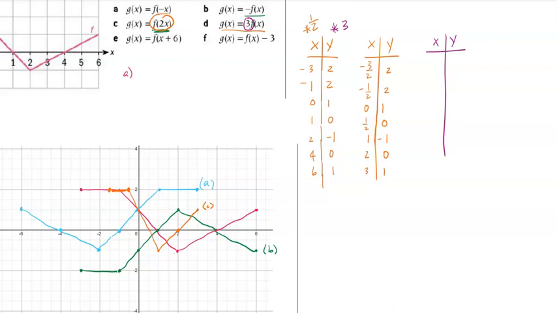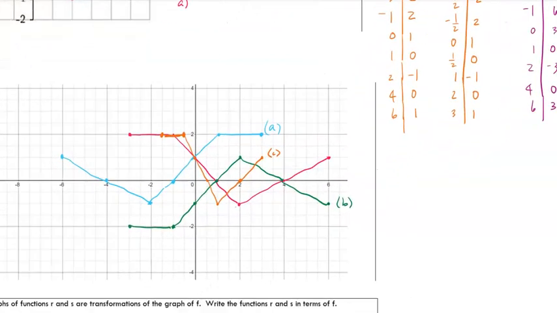That's going to be a vertical stretch. Okay, so we have -3 and a 6, -1 and a 6, 0 and a 3, 1 and a 0, 2 and a -3, 4 and a 0, and 6 and a 3.